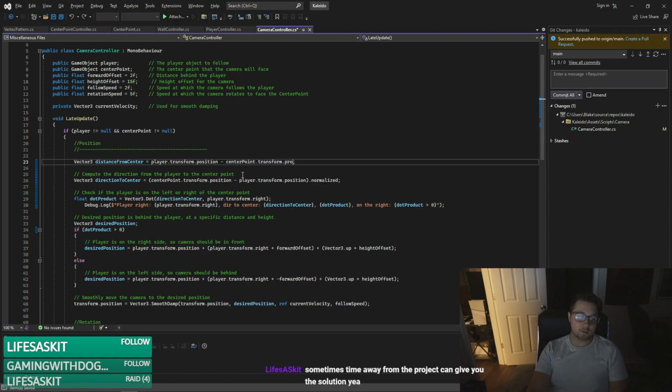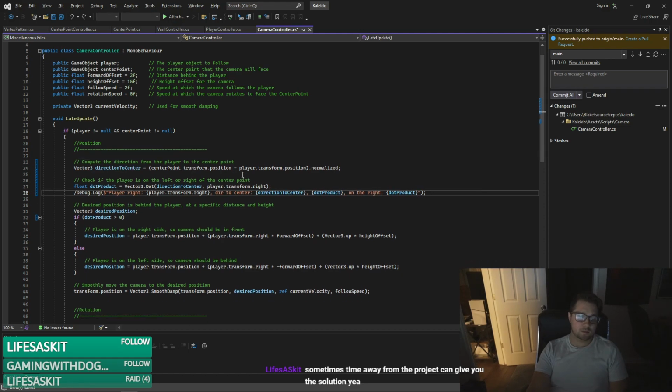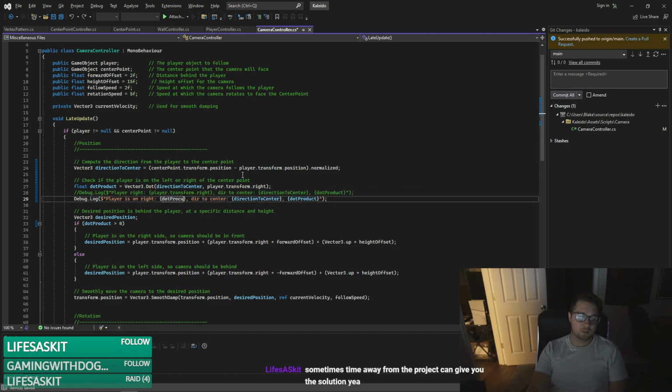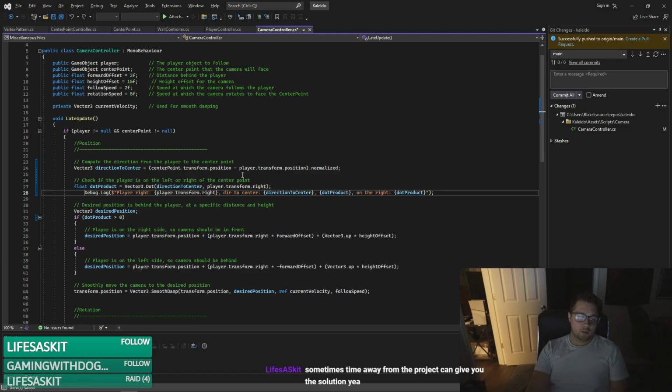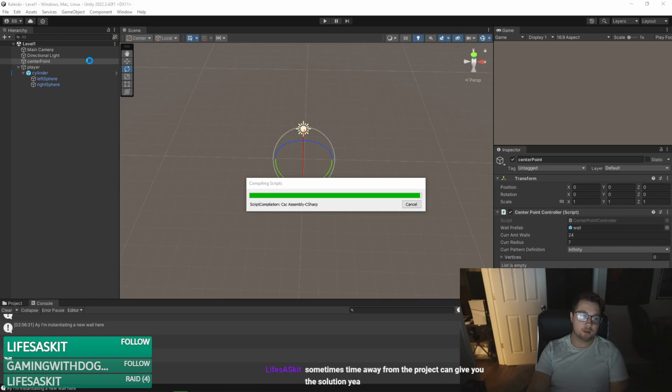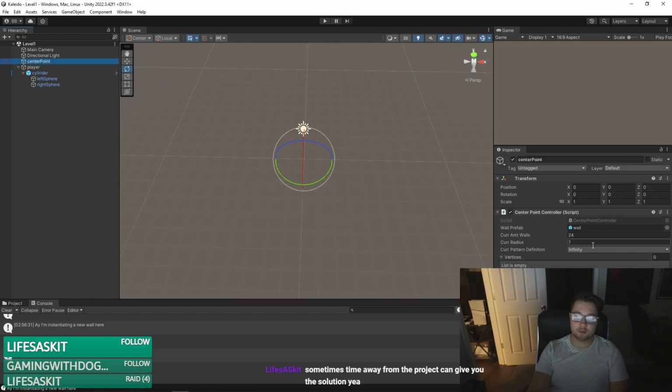We need the distance from center. Oh, no, we don't. We need all this back, except the distance from center. Okay. Yeah, exactly. At this point I'm just running in circles, literally and figuratively. I've been at this for so long.